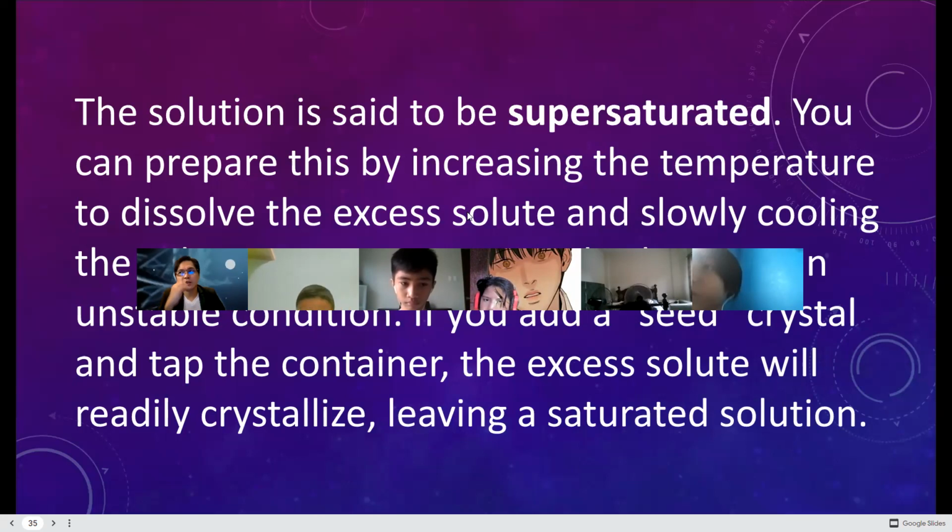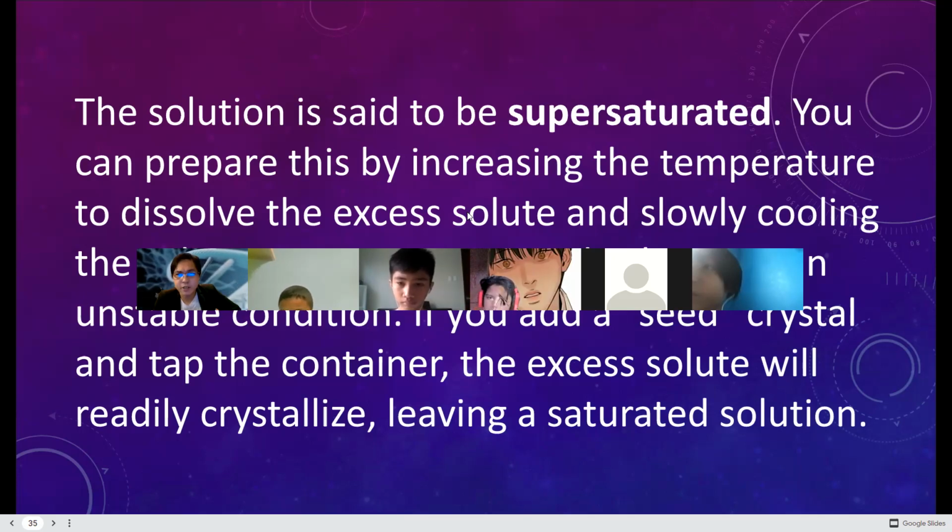How about an unsaturated solution? When you're talking about an unsaturated solution, you have less solute than solvent. So you're putting less solute in that particular solvent, and you're now creating an unsaturated solution. How about a supersaturated solution? You heat up the liquid and add more solute to it. Once it cools down, you can actually create crystals behind, in case.